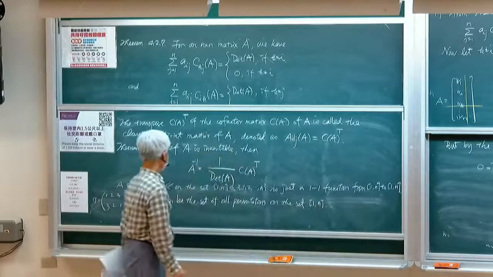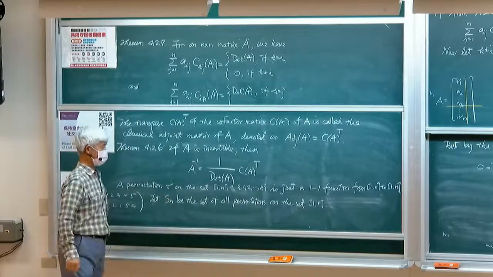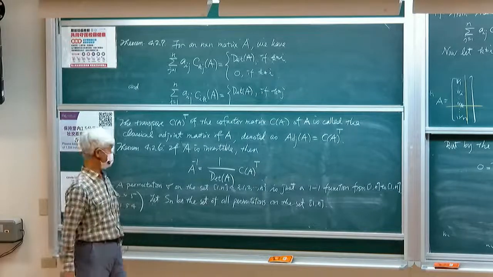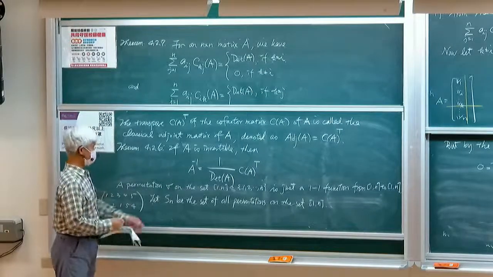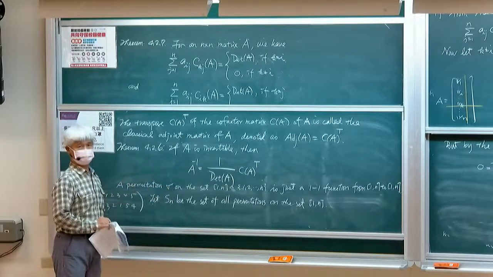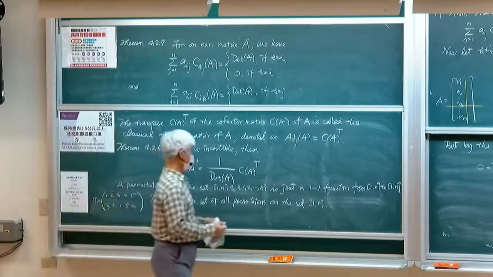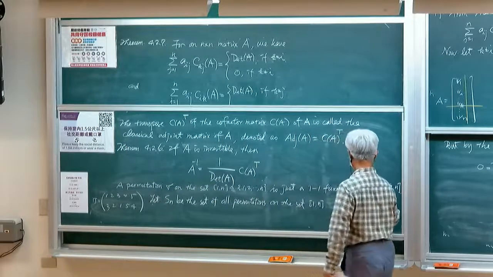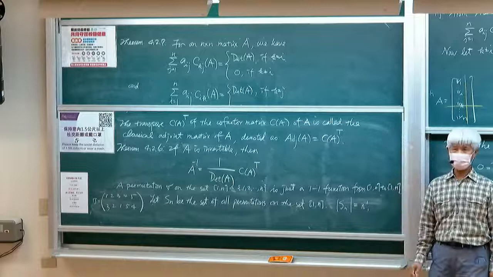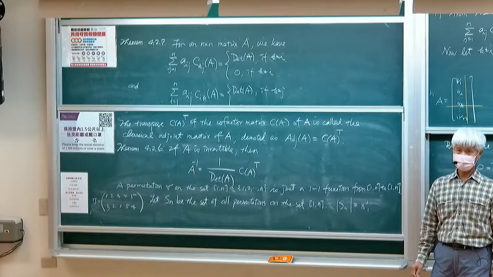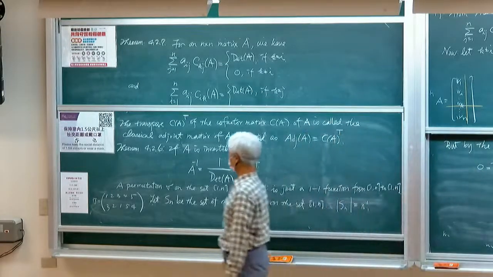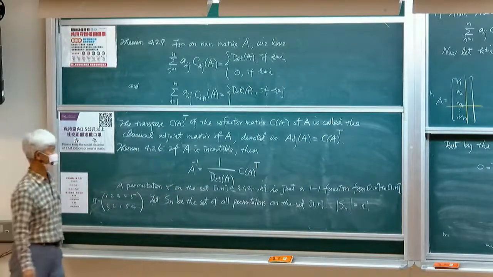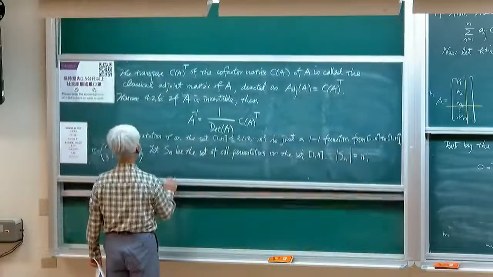It's called the symmetric group, if you know something about groups, but here just say S_n is the set of all permutations. The size of S_n is n factorial, as you know from combinatorics in high school. The number of possible permutations of n objects is n factorial.